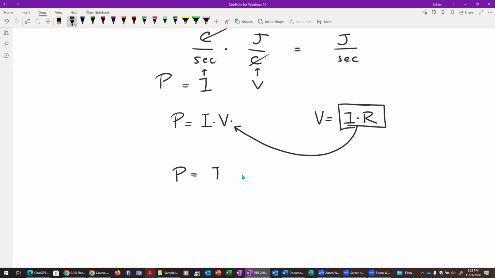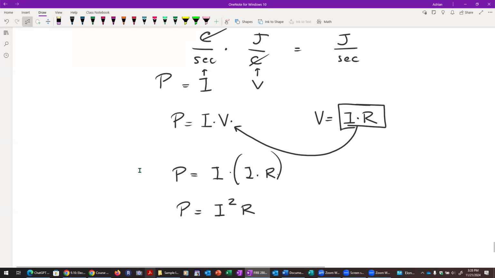Power will be equal to the current I times, now V is I times R. Okay, so then I end up with power being equal to I squared R.